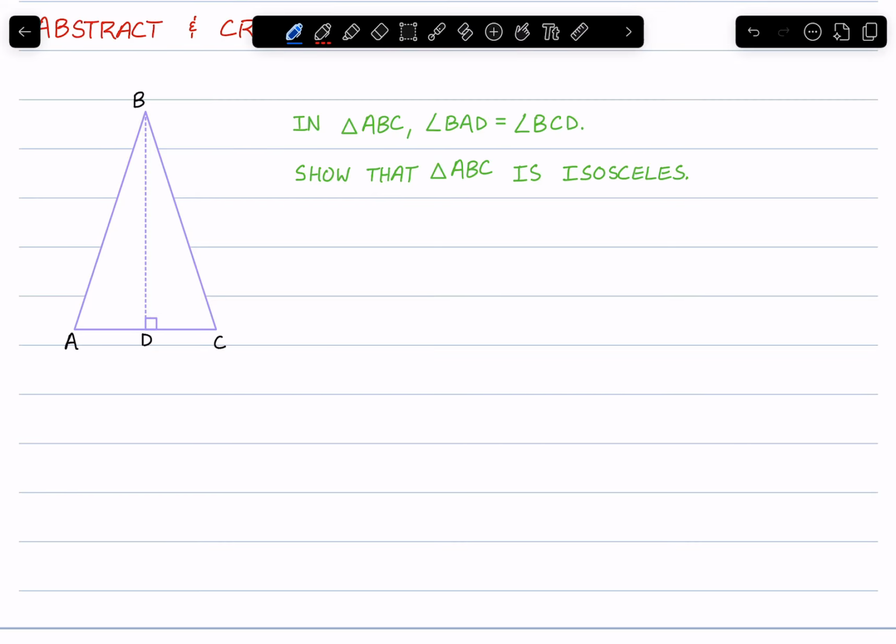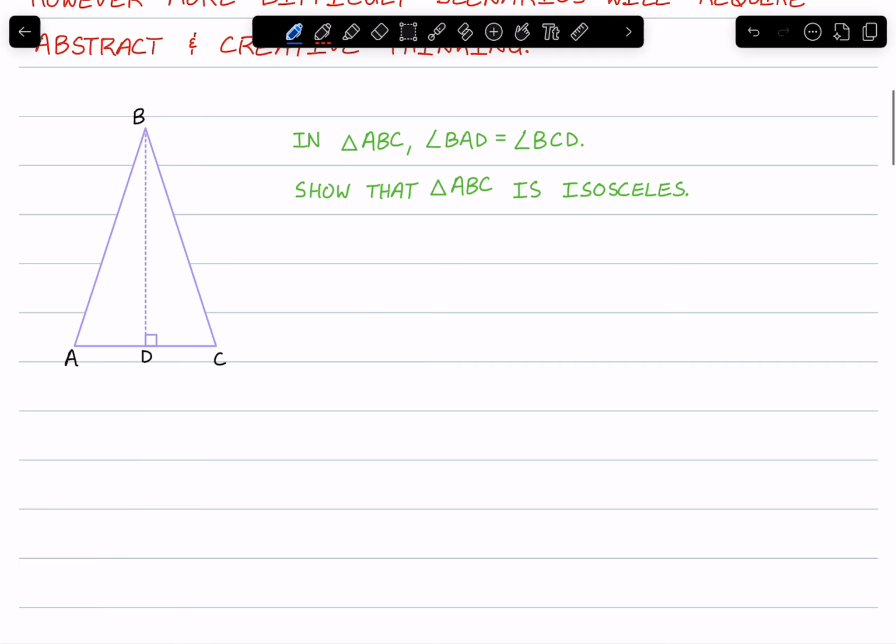So here we go. For this, we can start off with using the given information and the more straightforward ones. We can see that angle BAD equals angle BCD, and that is given to us. We can see that angle BDA is equal to angle BDC.